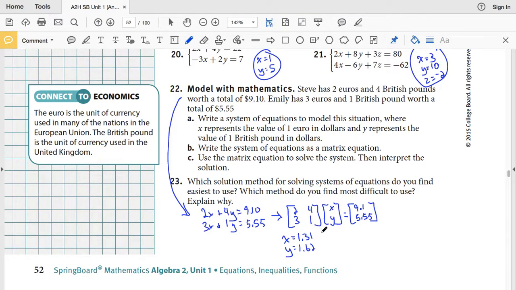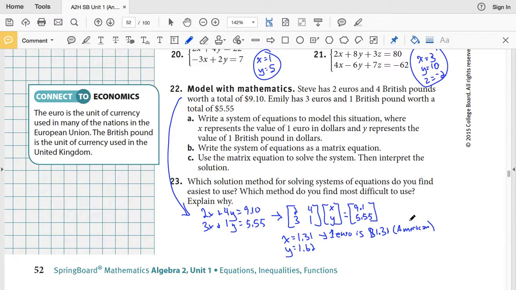So in this case, we would say that 1 euro is $1.31. I guess we can't assume that they're American, but we'll say American dollars.